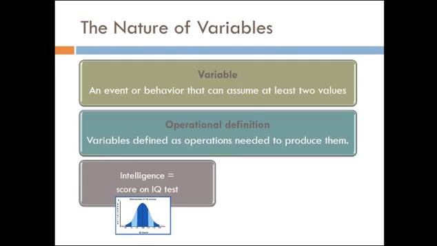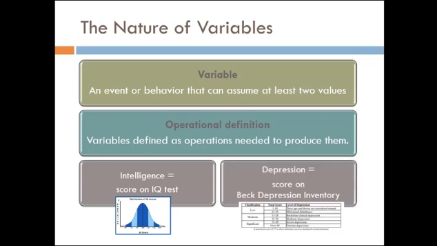Now, we could all sit here and debate whether your score on an IQ test actually represents your intelligence, which is exactly my point. We don't know for sure what intelligence is, do we? It's a concept. So we need to come up with some kind of operational definition for the purposes of our experiment so that anybody who's reading our experiment knows what we mean by the term intelligence.